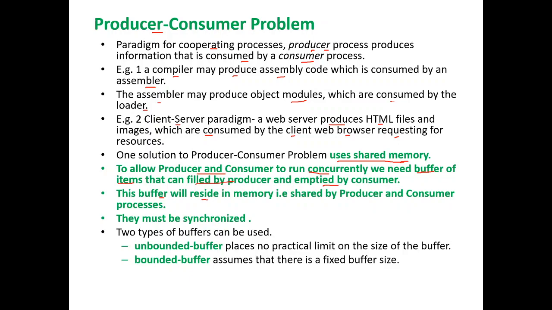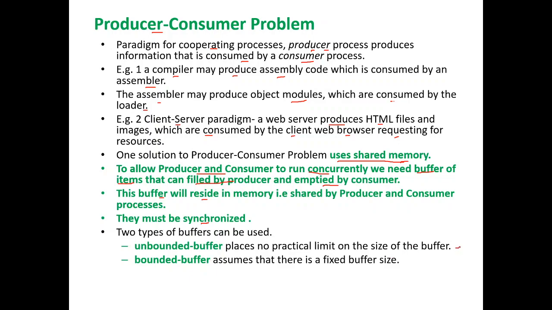This is the process, or cycle, that is continuously going on, and they must be synchronized. Okay. So two types of buffers can be used by this system. One is called the bounded buffer and another is called the unbounded buffer.